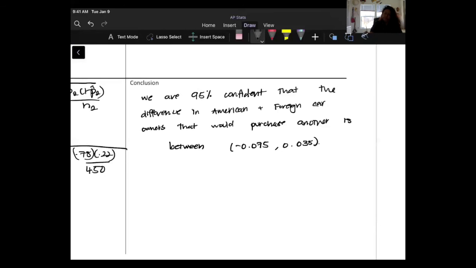Answer this question first: is 0 contained in this interval? If yes, what does that mean?